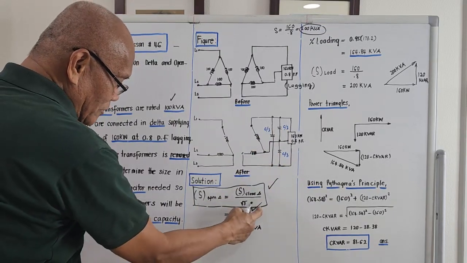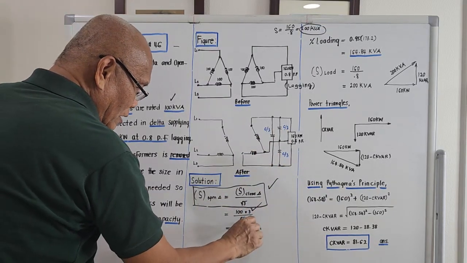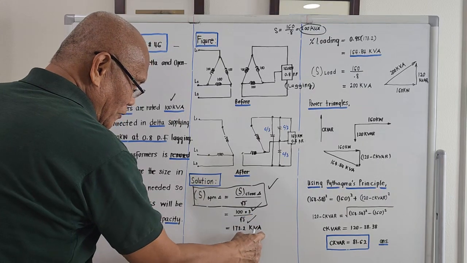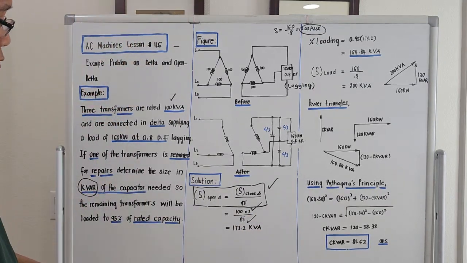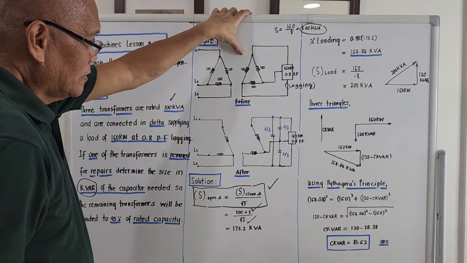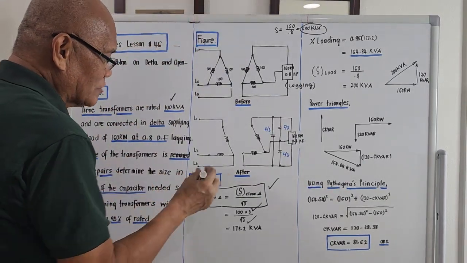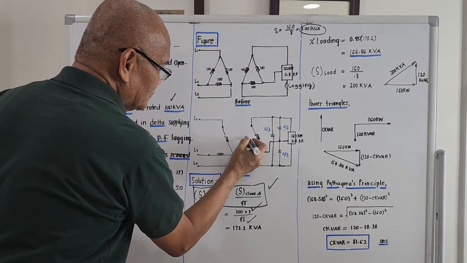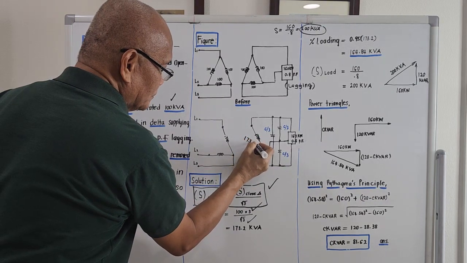So 100 times 3 over square root 3 is 173.2 kVA. The original 300 kVA was now reduced to 173.2 kVA.